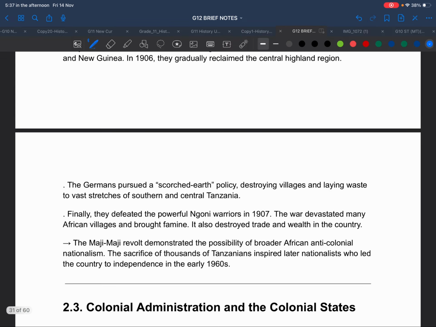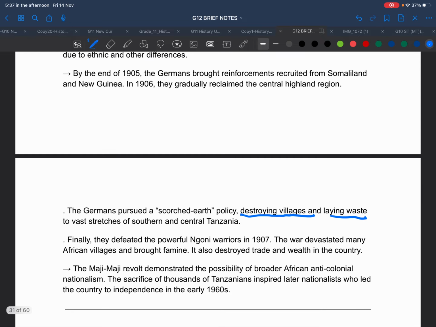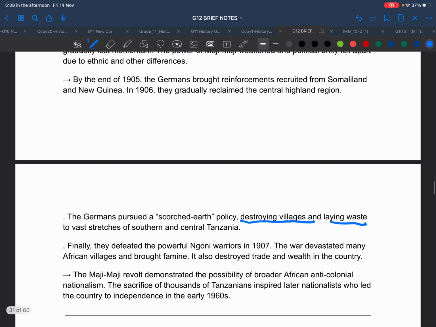As I explained, it was devastating. They destroyed villages, laying waste to vast stretches of southern and central Tanzania, nothing left. They devastated and burned the villages of the people, beyond the killings.